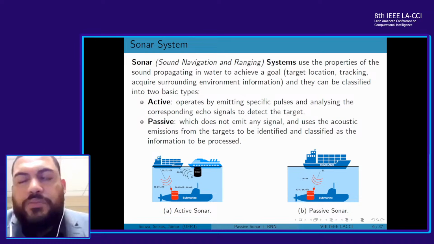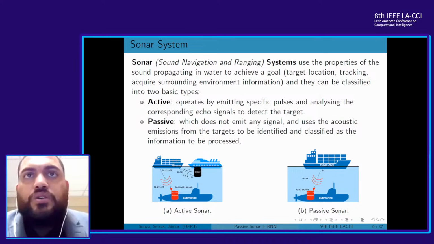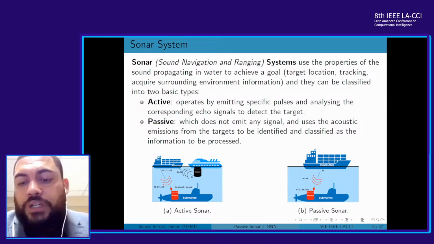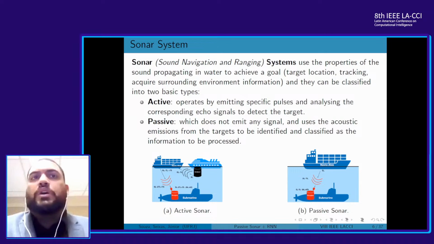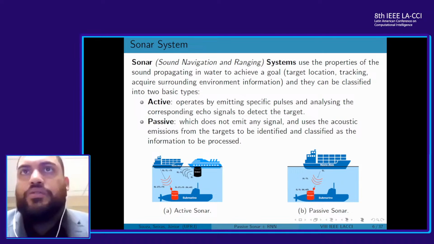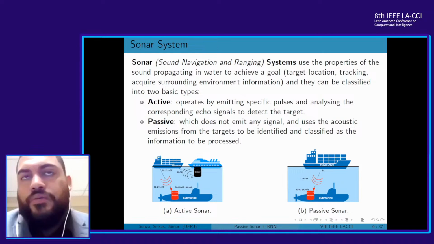Active sonar systems emit specific sets of pulses and try to analyze the response of a given target. For a military submarine, this is not a good way to go, because it is disturbing to send a pulse and a signal saying, okay, we are here. We are not intending this, because we need to be as stealthy as we can.